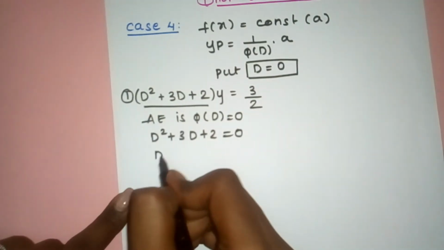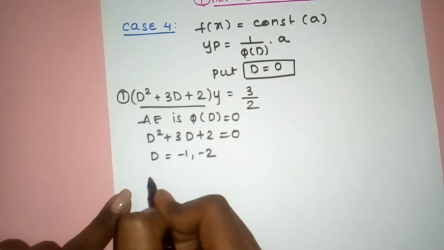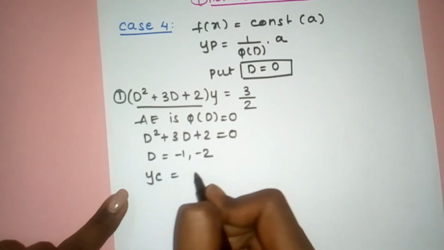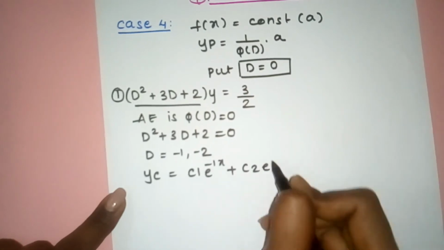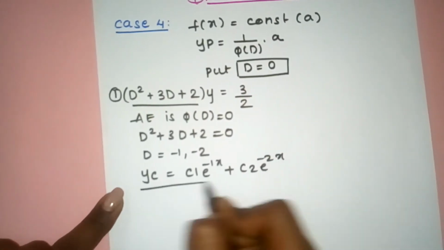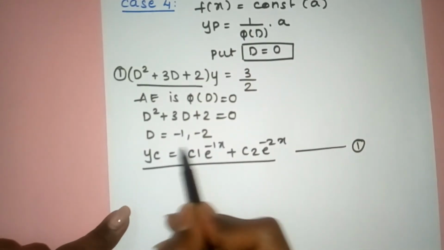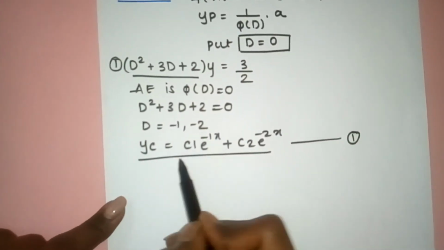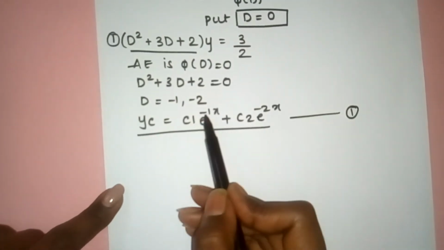Now the roots are D is equal to minus 1 and minus 2. So we can write yc is equal to c1 e raised to minus 1x plus c2 e raised to minus 2x. This is equation 1. As these roots are real and different, we have this formula. In our first video we have told how to write this yc.